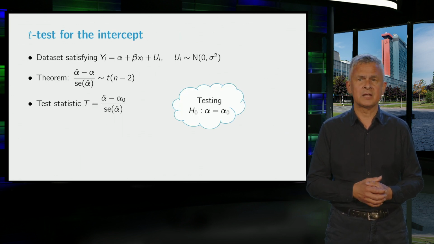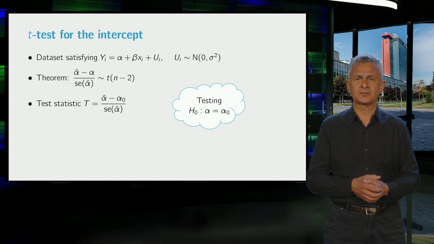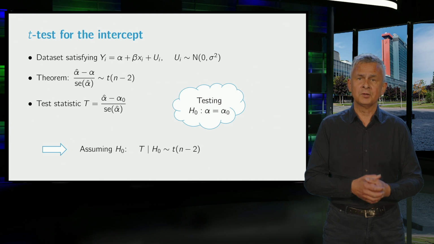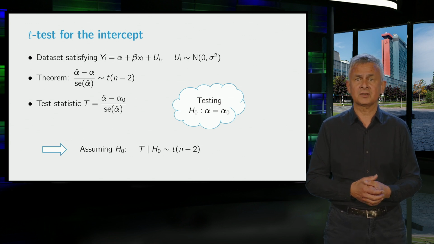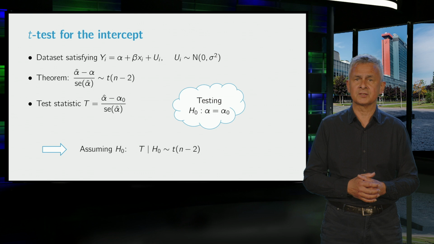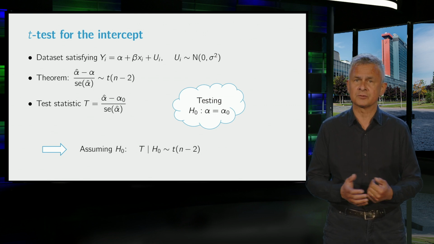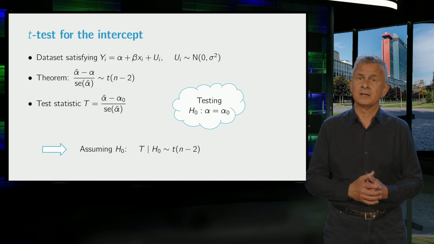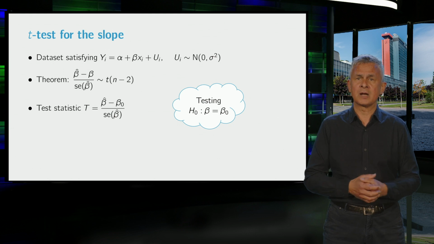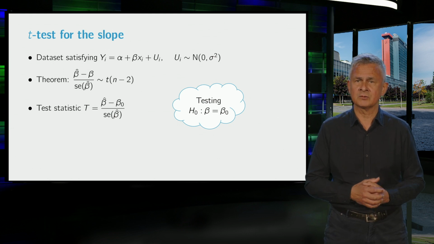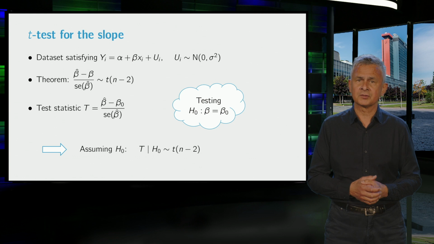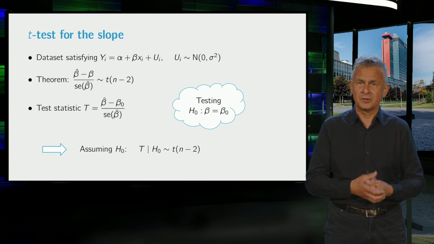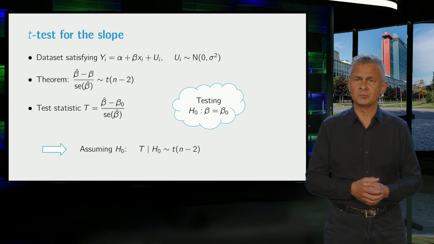Now this means that if we test the null hypothesis alpha equal to alpha 0, then under the null hypothesis, the test statistic has a t-distribution with n-2 degrees of freedom. And similarly, if we test the null hypothesis beta equal to beta 0, then under the null hypothesis, this test statistic also has a t-distribution with n-2 degrees of freedom.